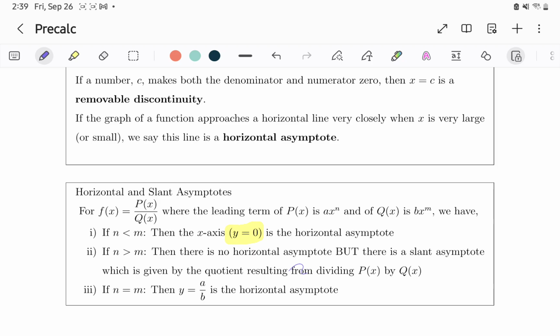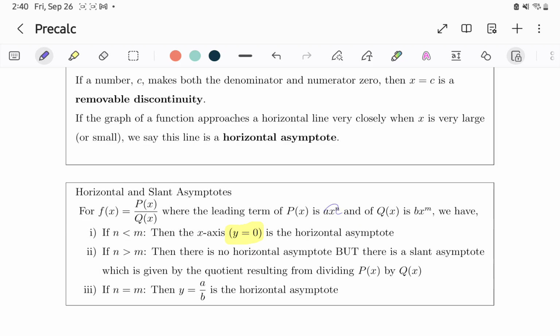And that's going to give us the expression for our slant asymptote. It's going to be y equals whatever that quotient is. And if n is equal to m, that is, if p of x and q of x have the same degree, then y equals a over b is the horizontal asymptote, where a over b is just the ratio of the leading coefficients, because we said the leading terms for the two polynomials p and q are a times x to the n and b times x to the n respectively.